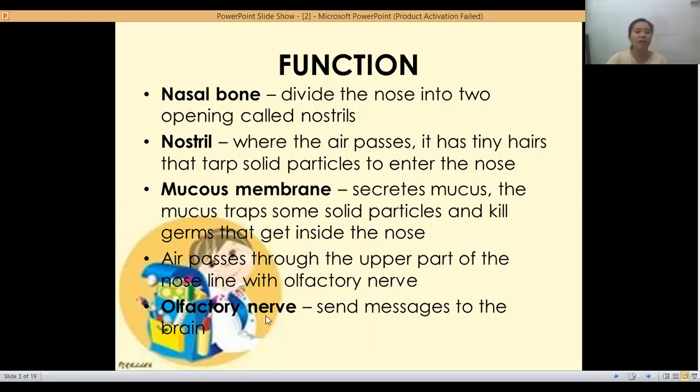This olfactory nerve sends the message to the brain, whatever you smell. It sends a message telling you what you smell. After sending the message to the brain, the brain will interpret that message and tell you what you are smelling. Okay.